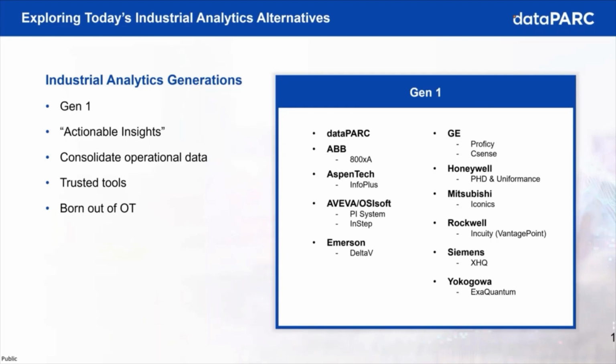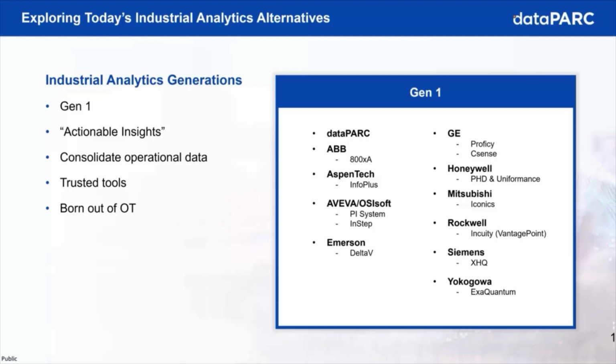We're starting with generation one, a group that's really around actionable insights, collecting and consolidating operational data to drive better decisions through industrial insights. And this is certainly where, as we talk about Pi, from a migration standpoint, Gen 1 company, DataPark's a Gen 1 company. These tools were really born out of OT, and so I feel like there's been a lot of trust because of the automation vendors that either build or acquire these companies, a long history in industry and in automation.